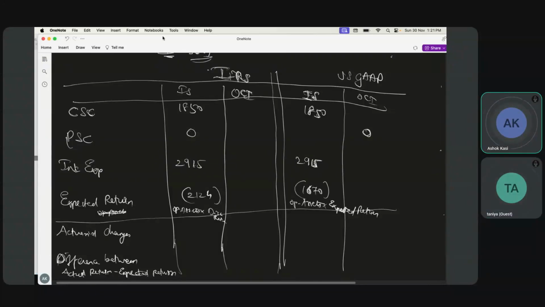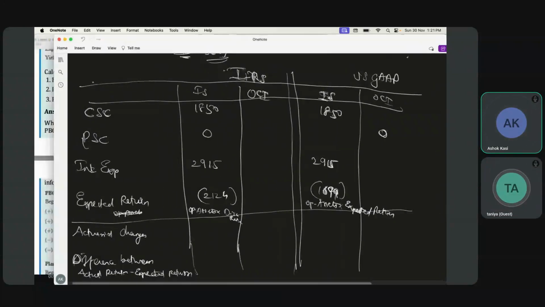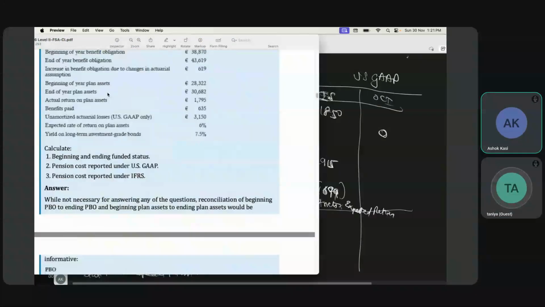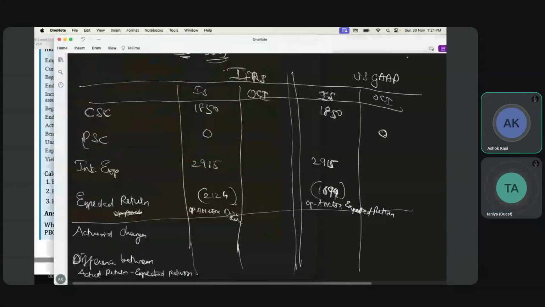Then actuarial changes is 619, and it has gone up, so it's a loss. So I'll write it positively here, 619.